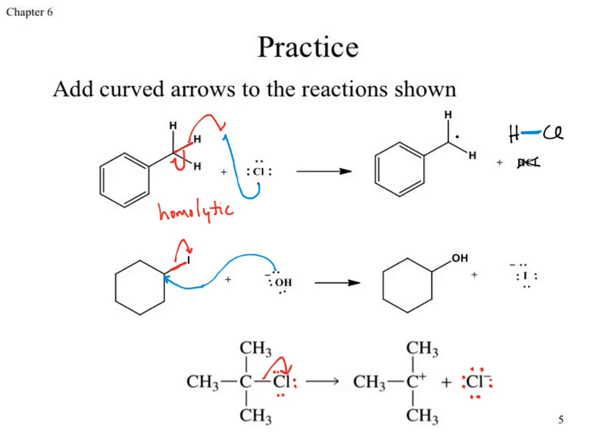In the other circumstances, what happened? We still broke the bonds, but the electrons went only to one source, one side. So we have heterolytic. Okay? We will make reference to each of these as we go through our individual chemistries.